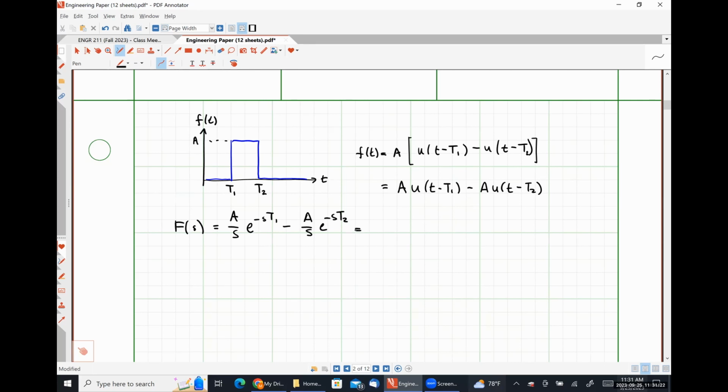And we could write this as a over s times e to the negative s t1 minus e to the negative s t2, like so.